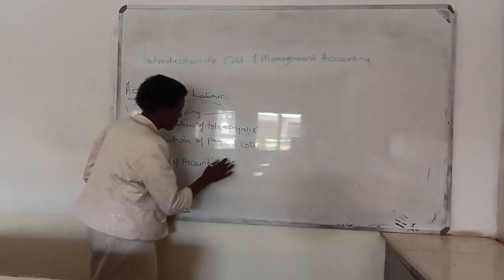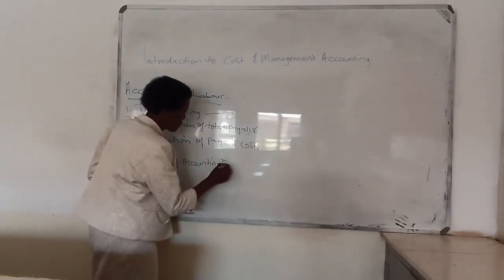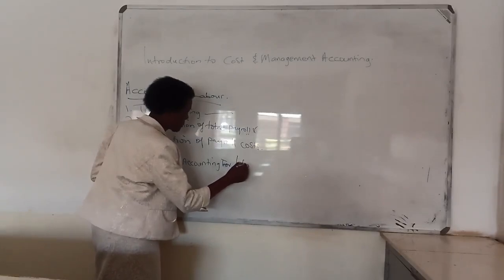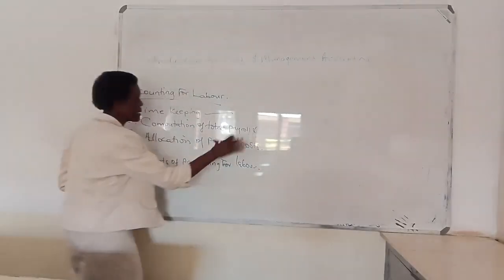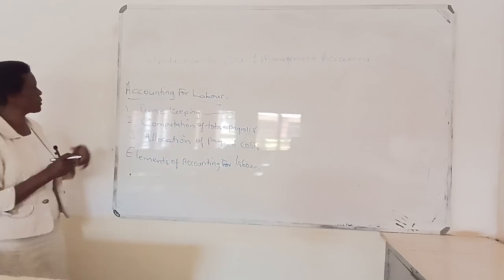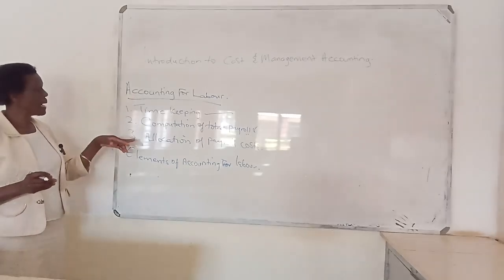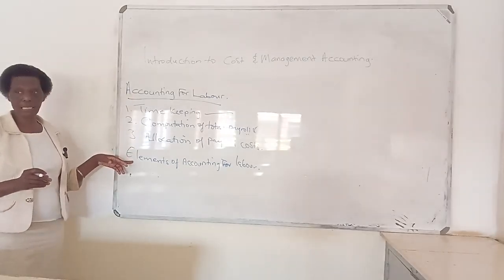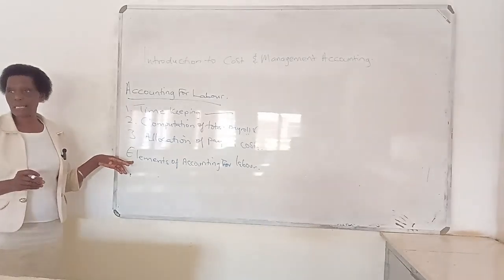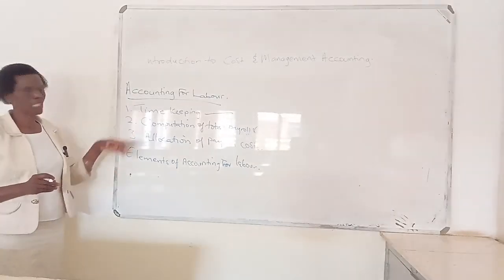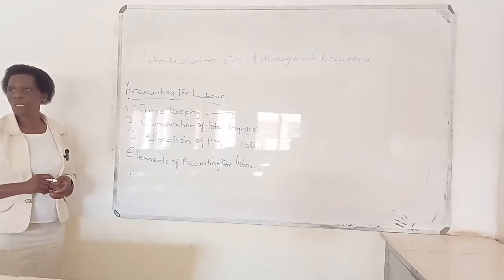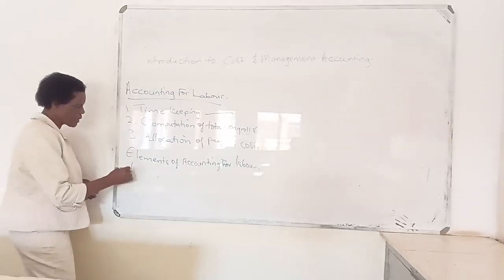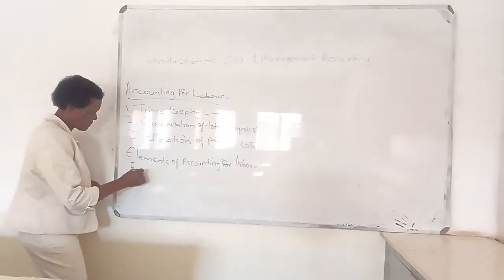These are the main things that we account for when we're talking about labor, but we also have elements that are also very important, that are also part of the calculations of labor. The first thing is employees' taxes.